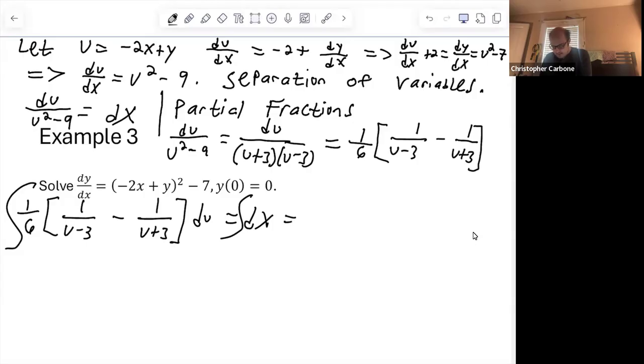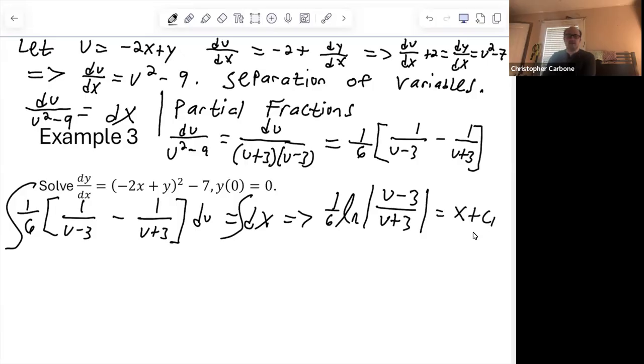So that would make 1/6 times the natural log of the absolute value of u minus 3 minus the natural log of the absolute value of u plus 3, which we could then combine into one fraction as u minus 3 over u plus 3. And that would be equal to x plus some number, let's call it c sub 1, since we'll have to do a substitution involving this.